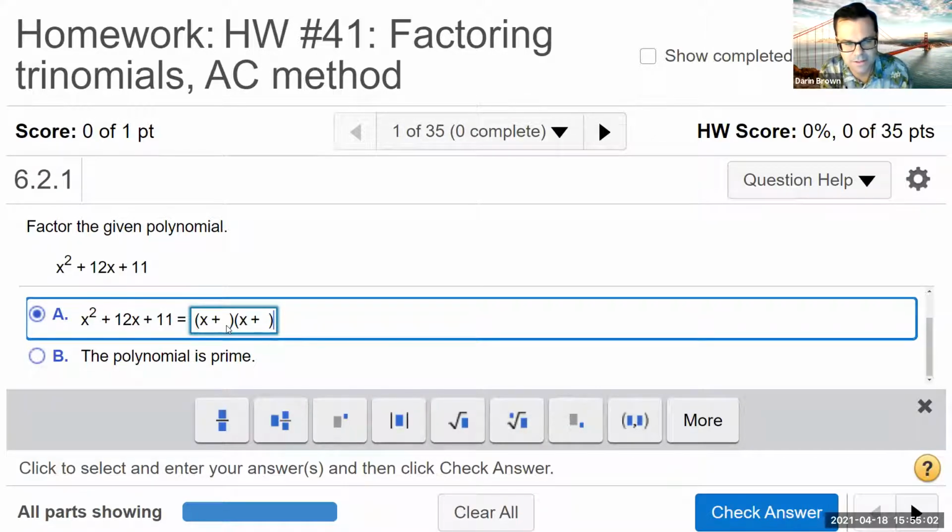If it's going to work, it's going to have to be 11 times 1. There's no other way around it. So if this middle term was anything but 12x, if it was 9x or 13x or 3x, anything except 12x, this would not factor like this, and you would just say that it's prime. So that's option B, polynomial is prime. That's a possibility too. Maybe it doesn't factor.